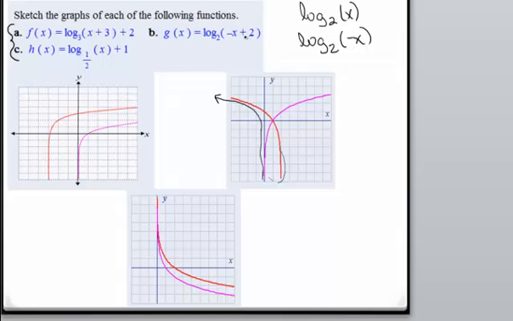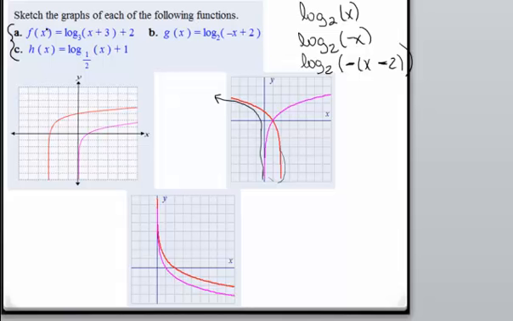Okay, so what happens if we have this plus 2 in here? Now be careful. This is the same thing as log base 2 of negative x minus 2. So this negative made it reflect over the y-axis, but since we have minus 2 inside the function, it's going to take this graph and shift it 2 places to the right.